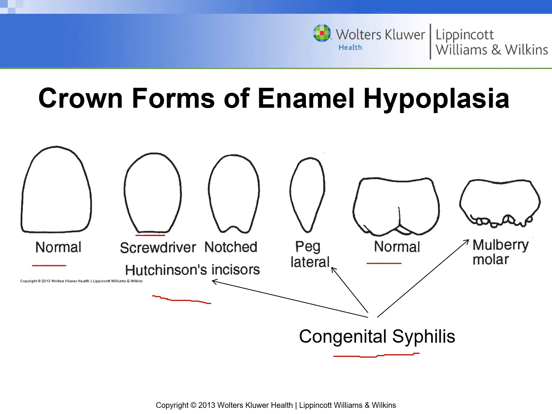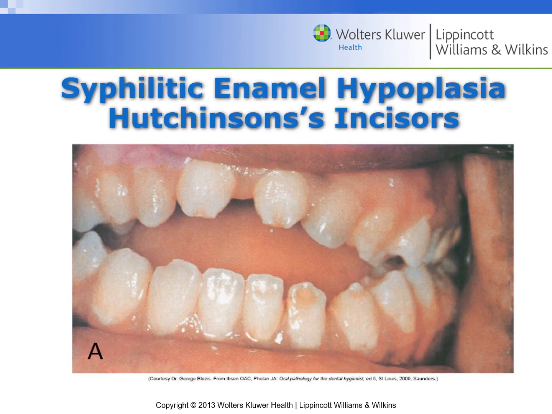Most of the time, the mulberry molars can be from that, though sometimes these can be hereditary also. So this is syphilitic enamel hypoplasia, because it's an abnormal growth, with less than normal enamel developed, and it's from syphilis. They're called Hutchinson's incisors.